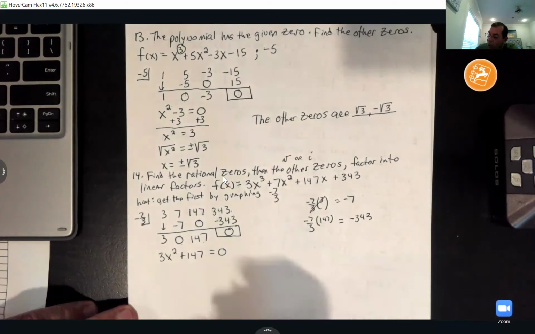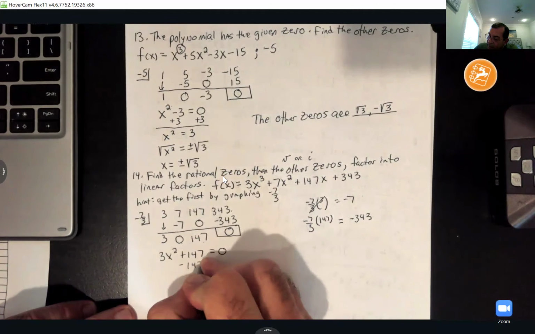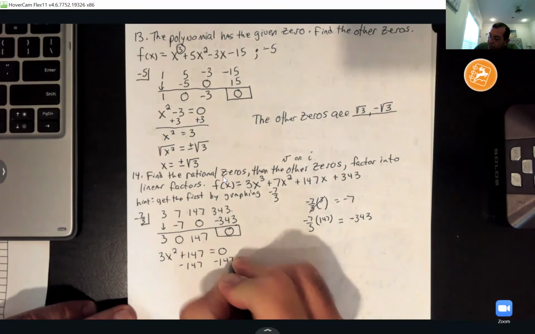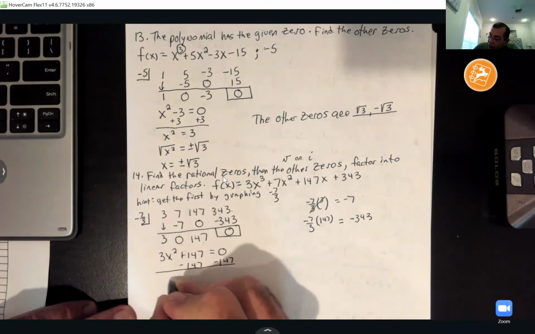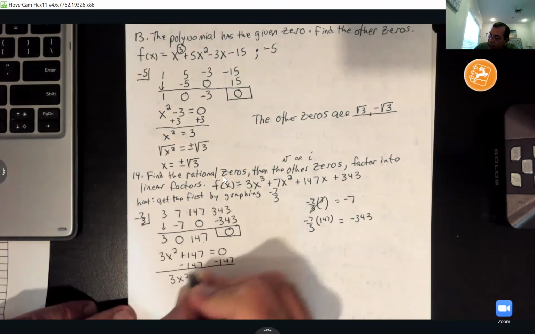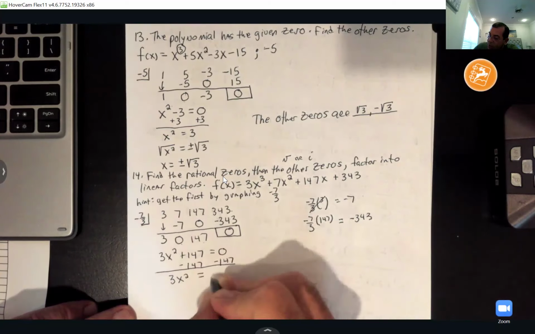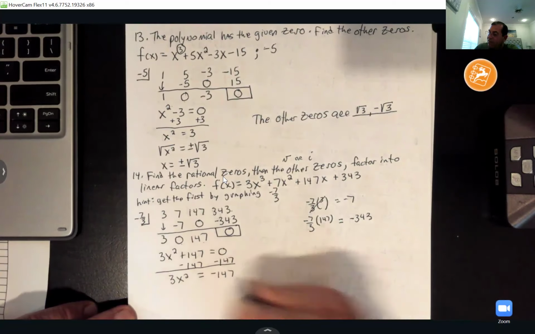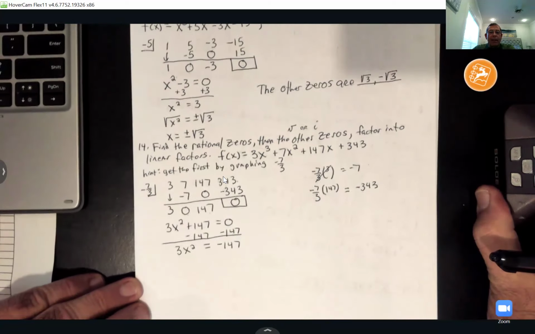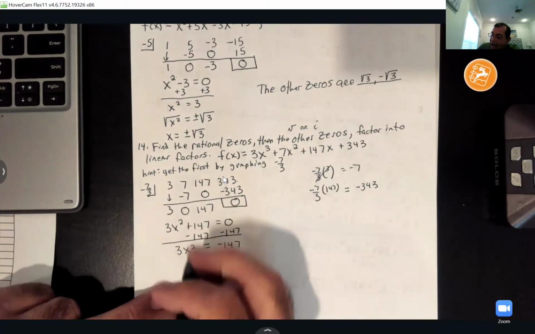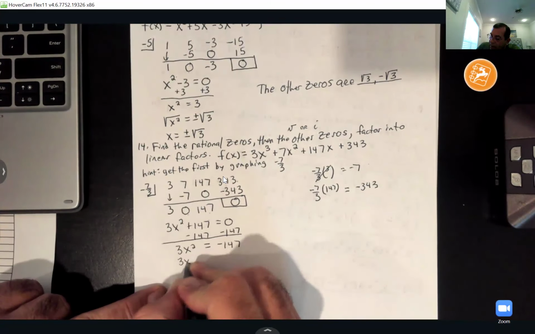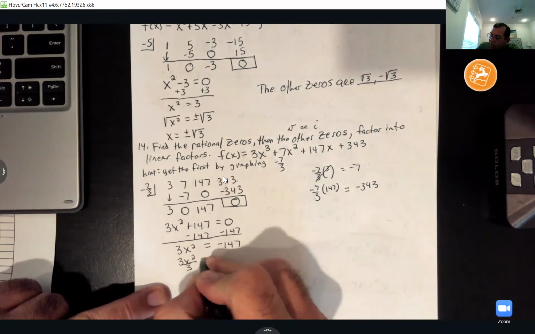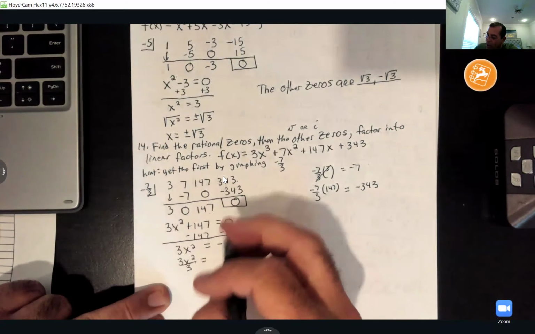So I'm going to subtract 147 first. So y'all, that gives me my 3x squared. Those cancel. That's going to equal negative 147. All right. Now, before I square root it, I'm going to divide by 3 because you want the square root to be just the x squared, okay?